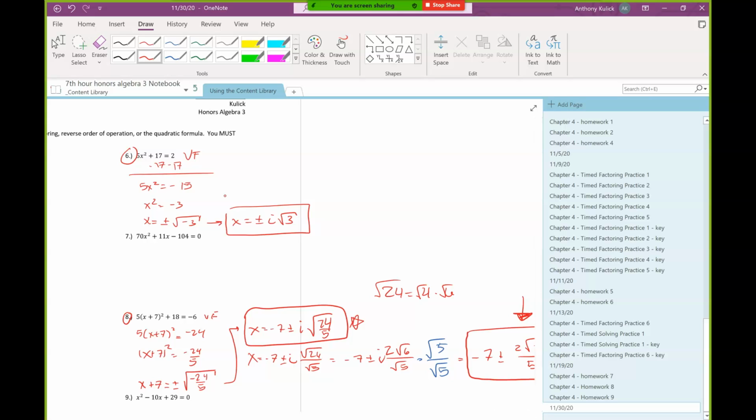And here, Mackenzie, I wrote the i in front just so it wouldn't be confusing about whether the i was underneath the square root or not. And I do that just when I'm writing things by hand because this is not the same thing as like this.